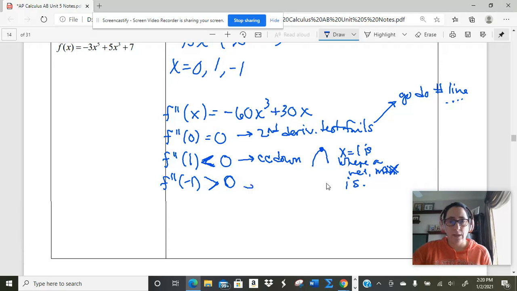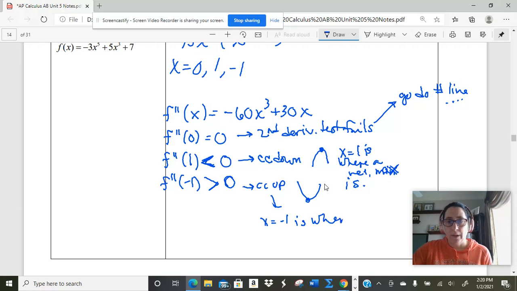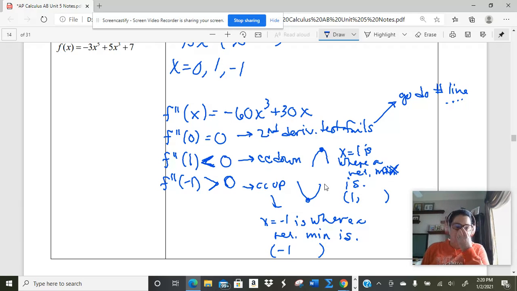And the positive means that I am concave up, so that is where a relative min is. Now go plug those back in to find the relative max and the relative min.